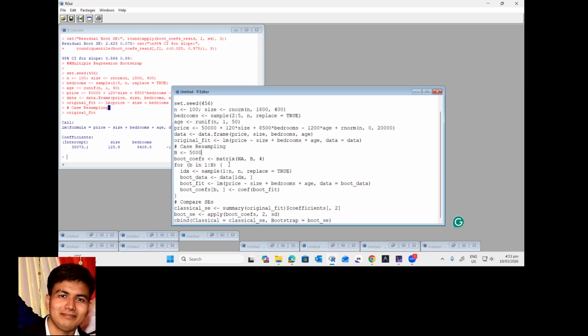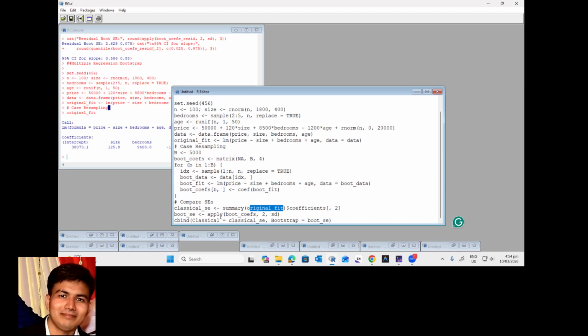And in the boot fit, we are going to apply the linear regression model. And in boot coefficients, we are going to store the coefficients of the bootstrap regression model. We will compare it with the classical standard error, which we can compute with the summary of the original fit dollar coefficients, of all the covariates.